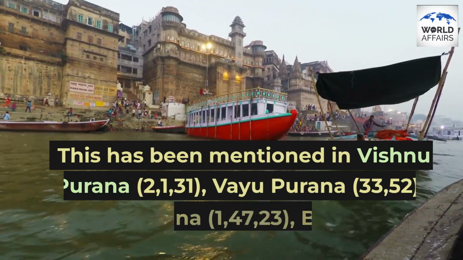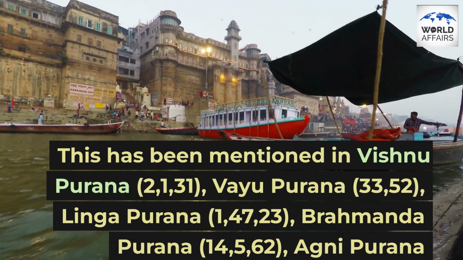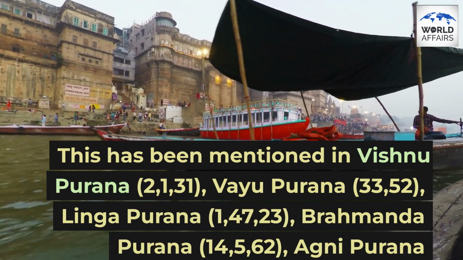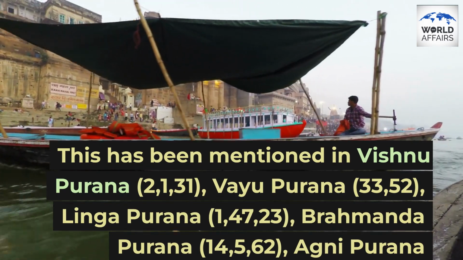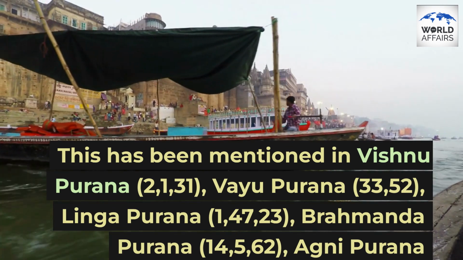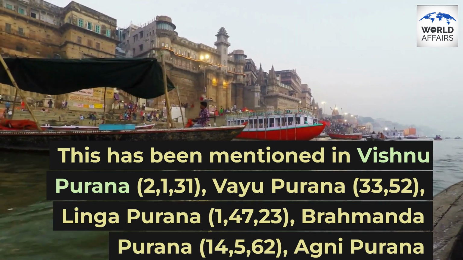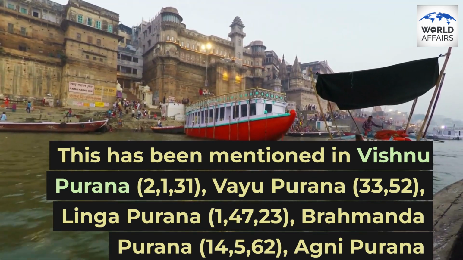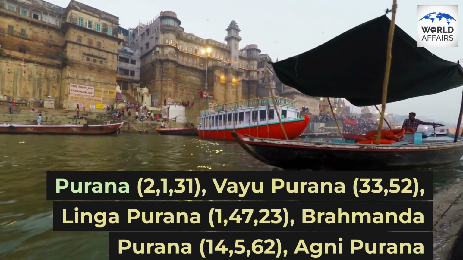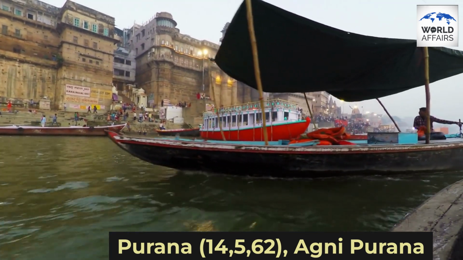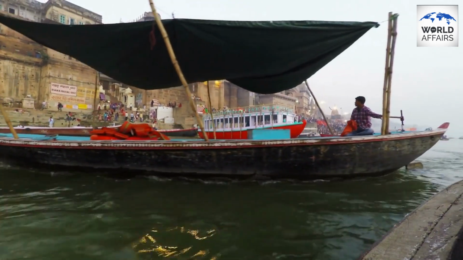This has been mentioned in Vishnu Purana 2:1-31, Vayu Purana 33:52, Linga Purana 1:47-23, Brahmanda Purana 14:5-62, Agni Purana 107:11-12, Skanda Purana, Kanda 37:57, and Markandeya Purana 50:41, all using the designation Bharatavarsha.